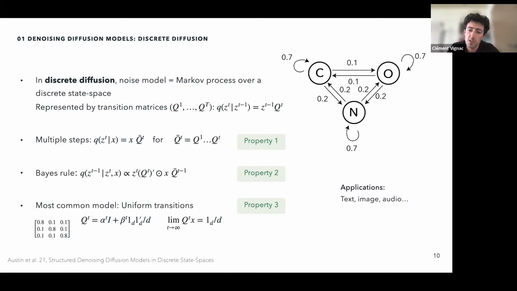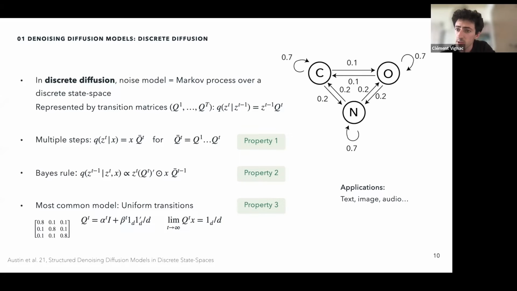So to go from time t-1 to t, you just multiply zt-1 by the transition matrix, and that's the distribution that you will sample from. Because it's a Markov process, if you want to do multiple time steps at once, you just have to do the product of the transition matrices. So this is good because if they are pre-computed, for example, then we can just go to time step t directly.